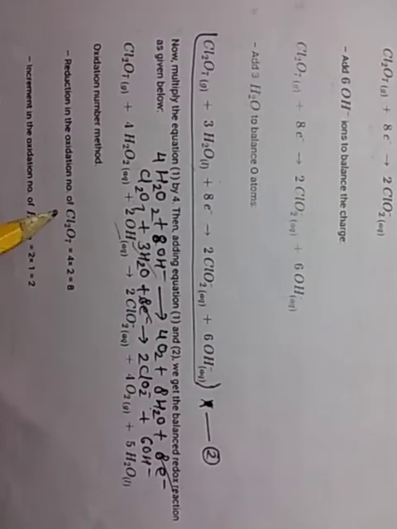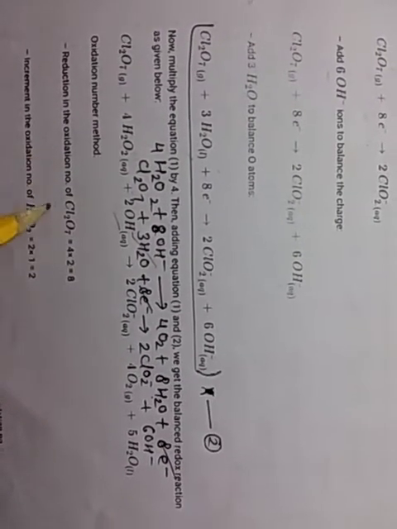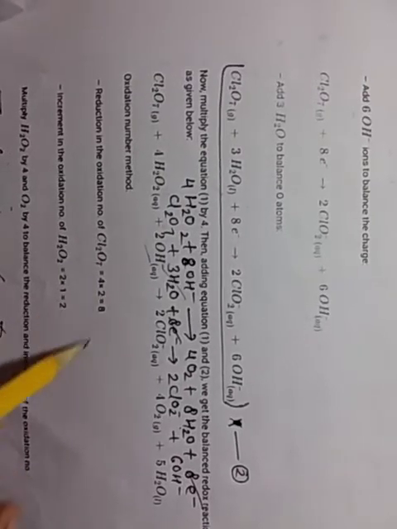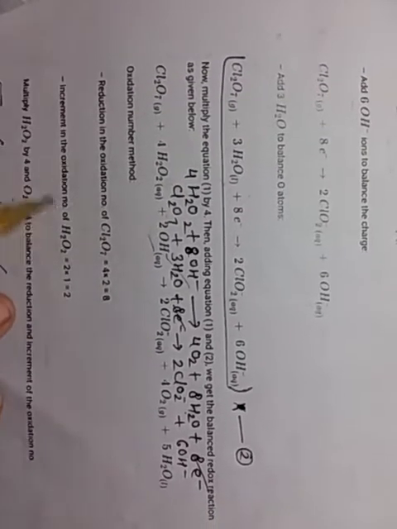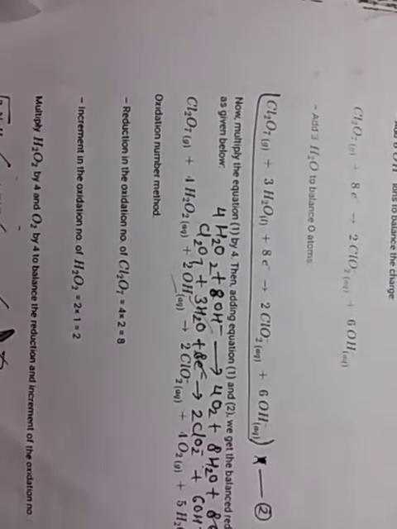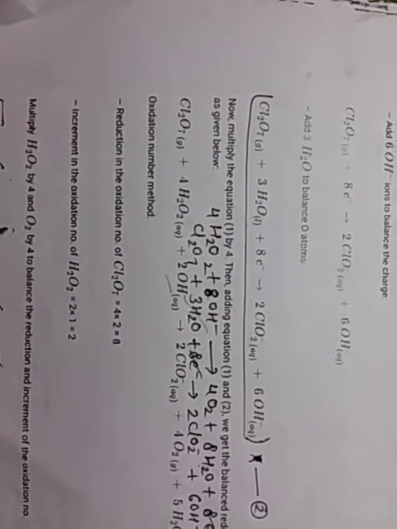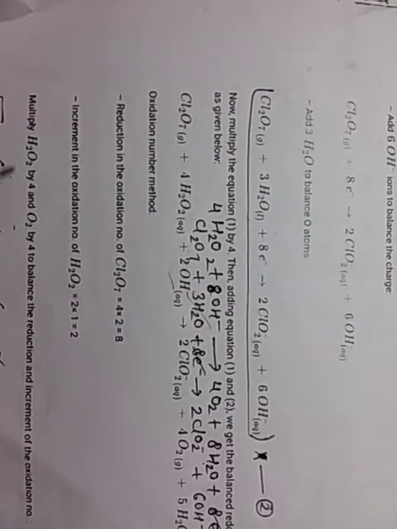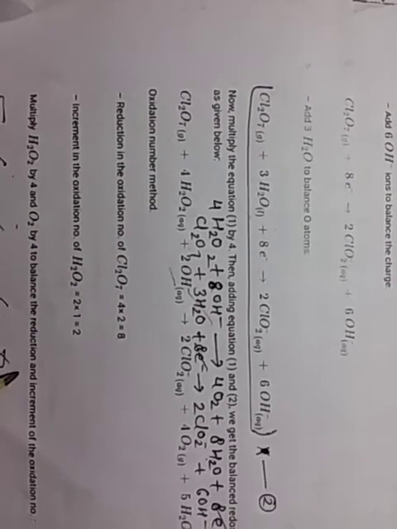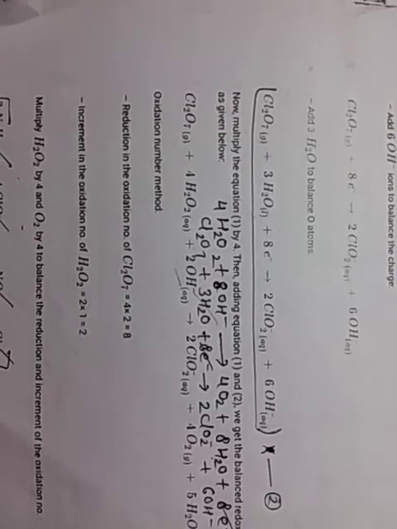Then by the oxidation number method: we already know the reduction in oxidation number is 4 into 2, that is 8 electrons, and the increase in oxidation number of H2O2 is 2 into 1, equal to 2. So to equalize, multiply H2O2 by 4 and O2 by 4 to balance the reduction and the increase in oxidation number.